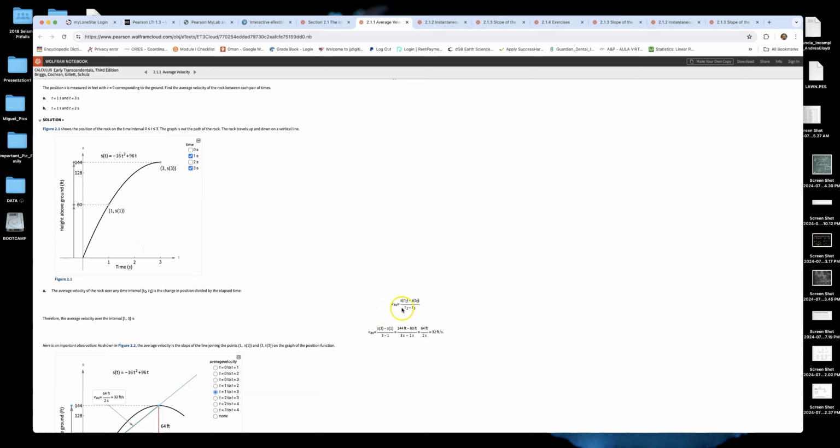The position at 3 seconds is 144 feet, and the position at 1 second is 80 feet. The elapsed time is the difference between the two times at which you are measuring the position, that is 3 seconds minus 1 second, which is 2 seconds. And when you make that ratio, you're going to get 32 feet per second.